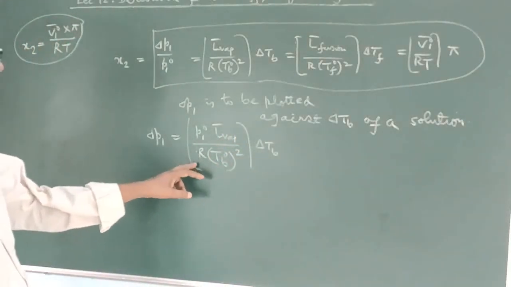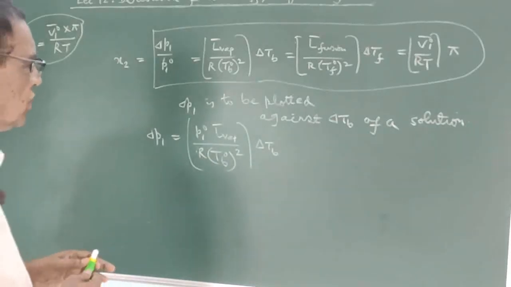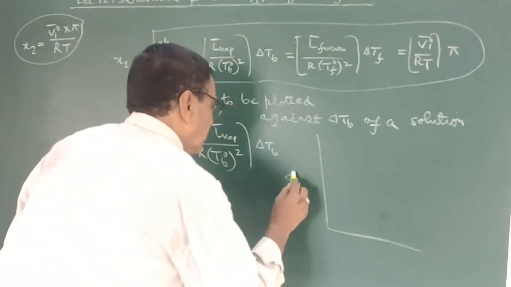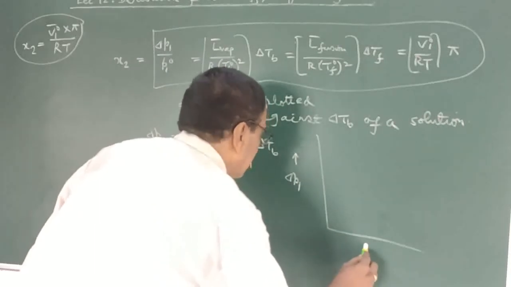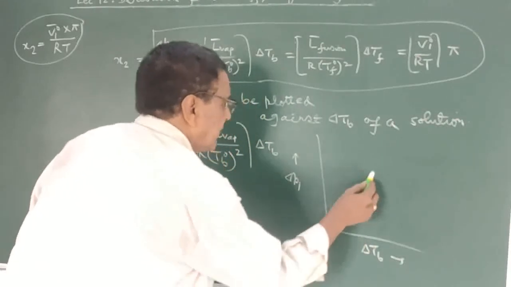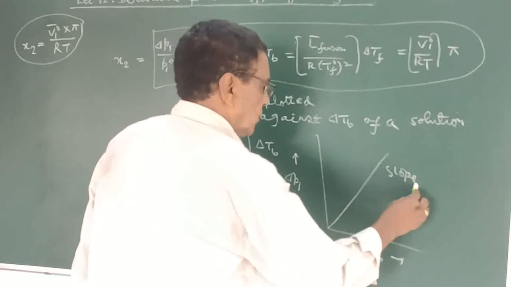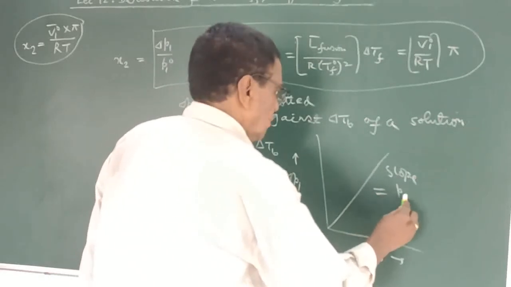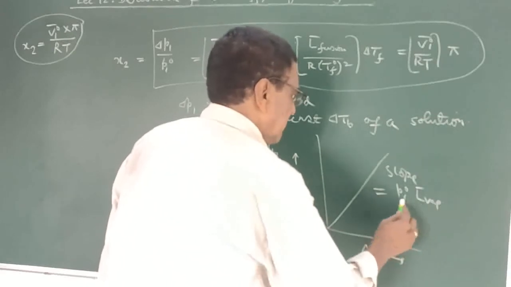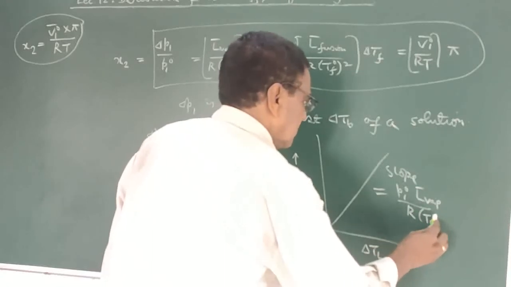The term within the bracket is exclusively a property of the solvent, so if we plot del P1 versus del TB, it gives a straight line passing through the origin, and the slope equals P1 naught L vaporization bar divided by R into TB naught square.